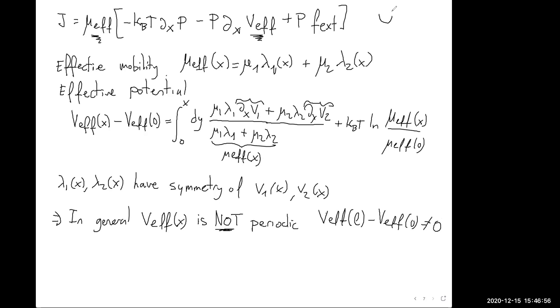So we have periodic potentials, V1 and V2, but the effective potential, in reality, is tilted. So from these two potentials and switches, we have an effective dynamics that is only one potential, no switches, but the potential is tilted. It's doing something like this. This is V effective of x.